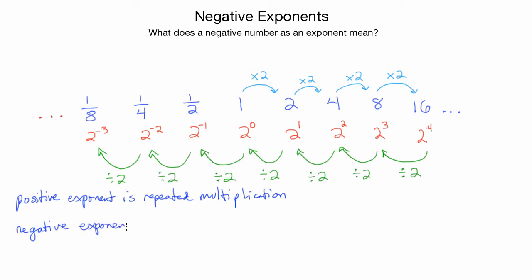A negative exponent then is repeated division. That's what we see happening with the green. As I repeatedly divide by 2 over and over again, it moves me in the opposite direction. I'm not getting bigger exponents, I'm now getting negative. I'm going in the negative direction, getting smaller exponents.